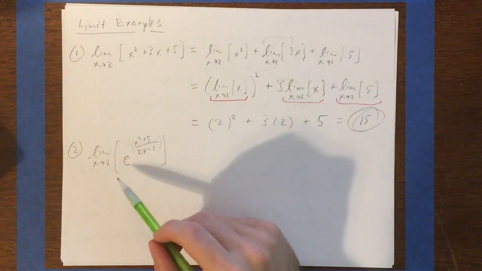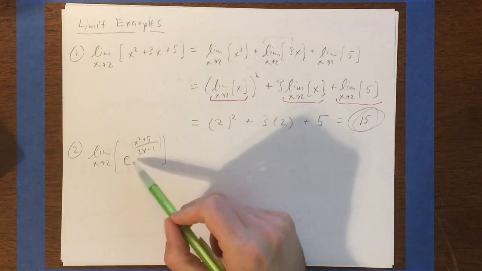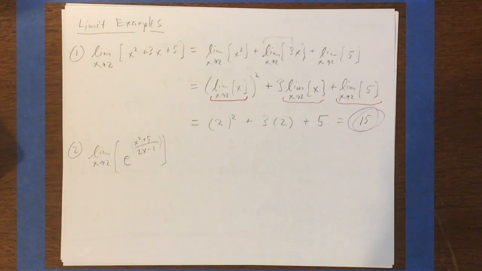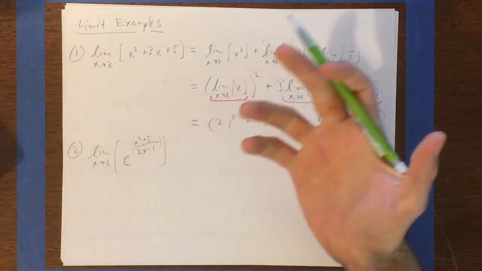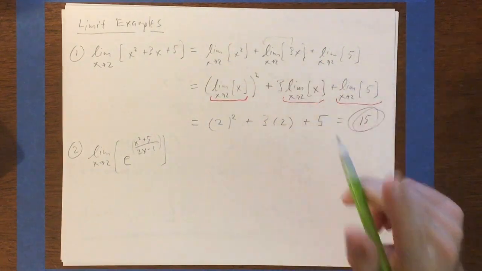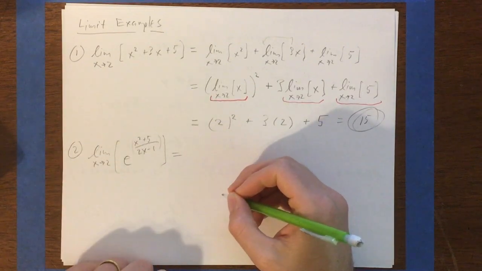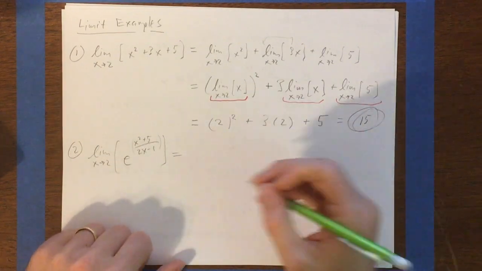And then the fact that our outer function in this composition is the natural exponential, which is a continuous function, means we should be able to apply the rule from the previous video about function composition, where you stick the limit inside. So my first step is going to be to take this limit and put it inside the inner function. What does that look like in this case?